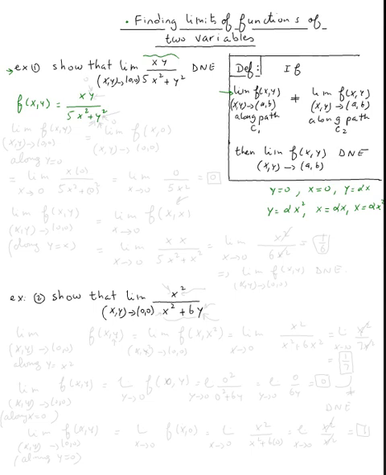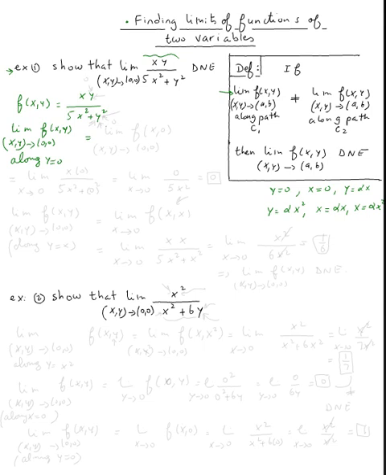Alright, so here let's pick, for example, a path, let's find the limit along the path y equals 0. So that would be what? The limit of f(x,y) as (x,y) approaches (0, 0) along the path y equals 0 is equal to, what does it mean y equals 0?